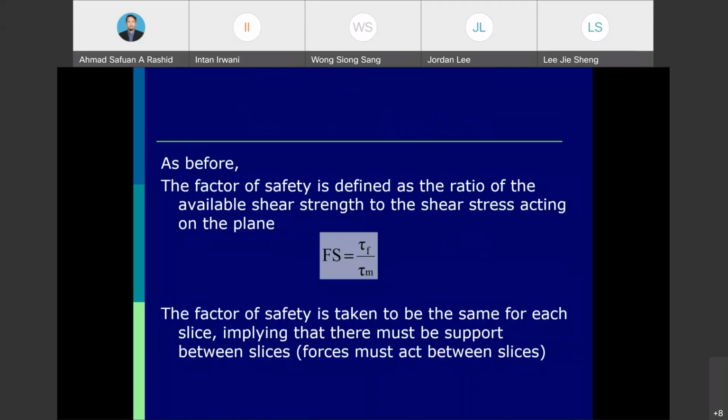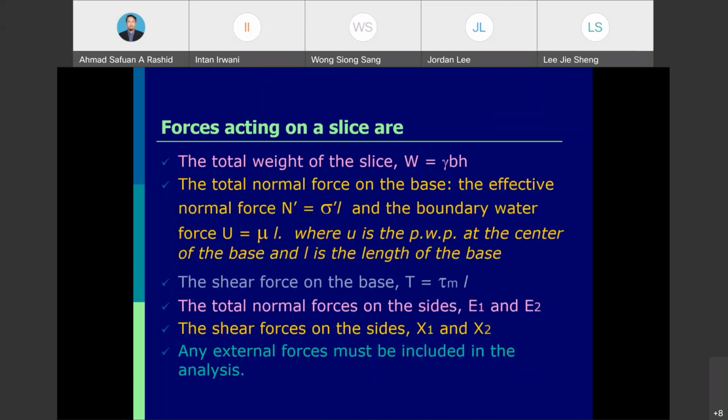This is a common equation, tau f over tau m. This is the one that I have discussed previously. I have explained the X, the E, and the weight, to get gamma times B times H. Any external force must be included in the analysis, but we need to make sure that the forces have the same units.